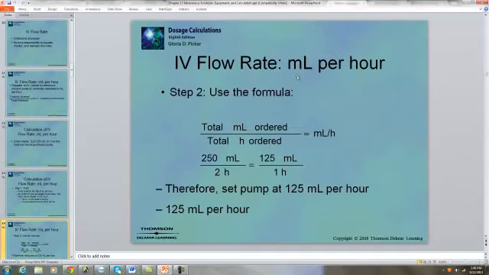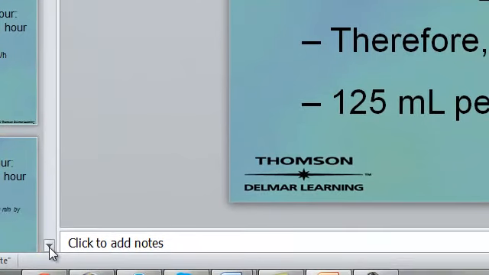The IV flow rate in milliliters per hour, step 2, is to use this formula. The total milliliters ordered divided by the total hours ordered gives you milliliters per hour. And this is how you would set up the problem in the previous situation.